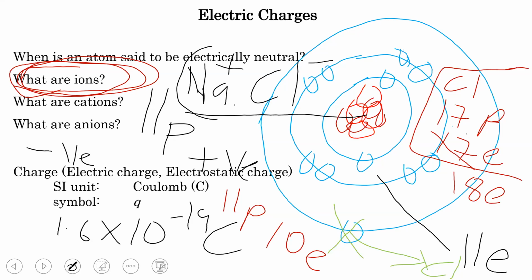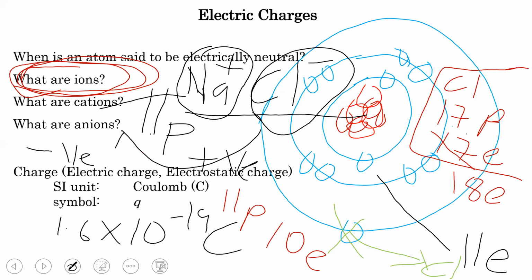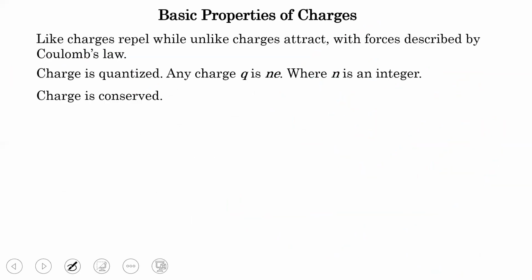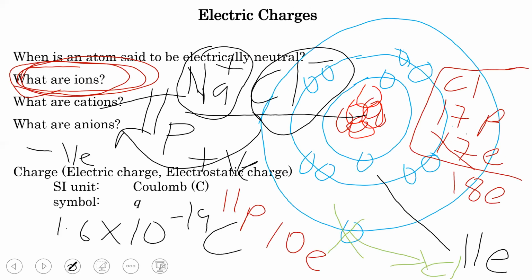So the sodium ion here is regarded as a cation, while the chlorine ion here is regarded as an anion. So we can say that an ion is a species of atom that has lost or gained electrons, whose number of protons is no longer equal to the number of electrons.